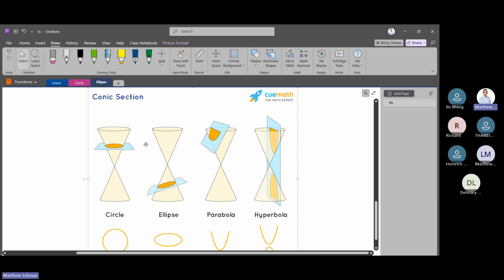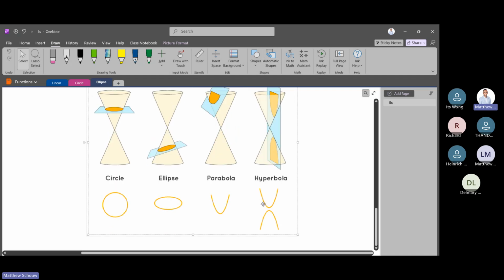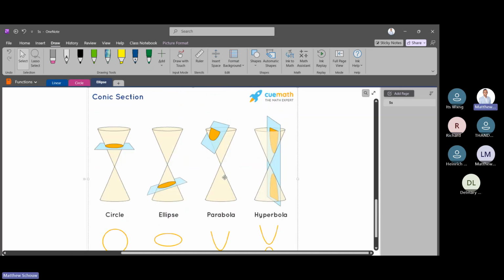You cut it like that, that'll be a circle. Slice it at a particular angle, that's an ellipse. You cut it at a certain angle, that's a parabola. If you cut it right down, you get something called a hyperbola. I'm not sure if you guys have ever seen this before. So they call this the mother of all shapes, conic sections, of all functions, so to say.